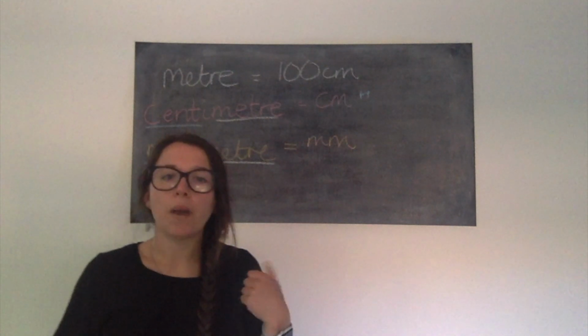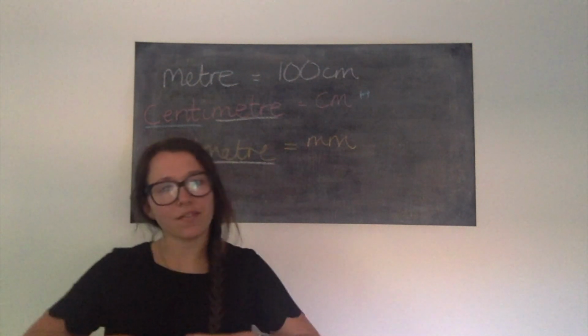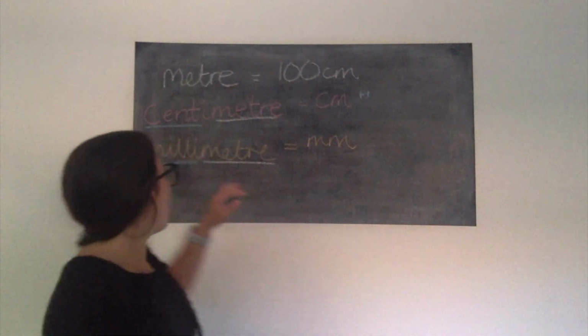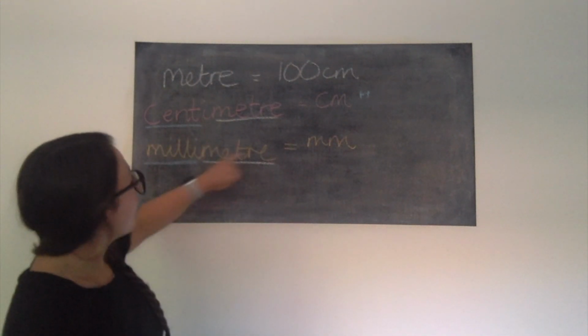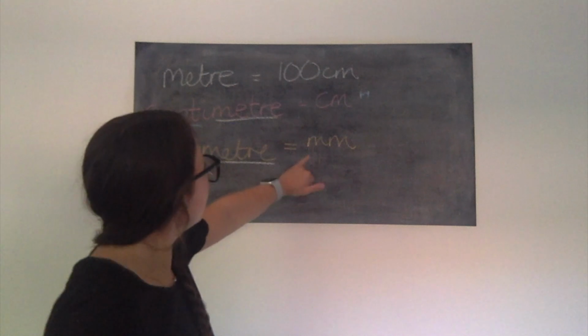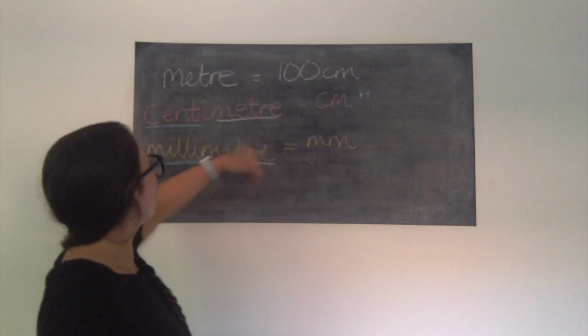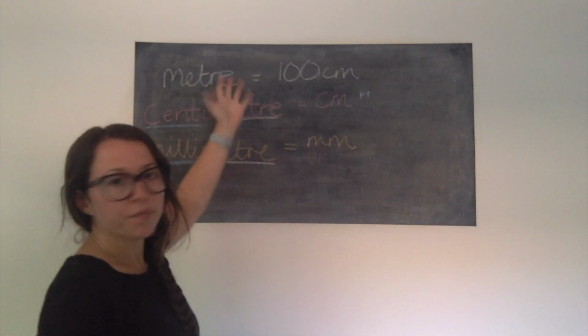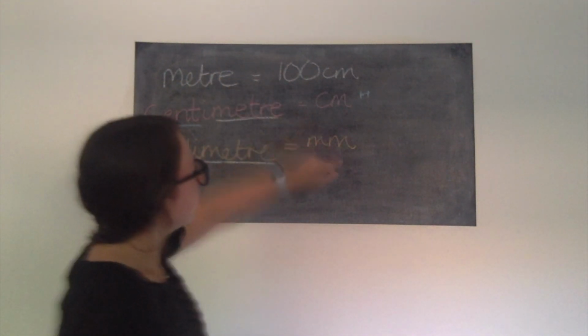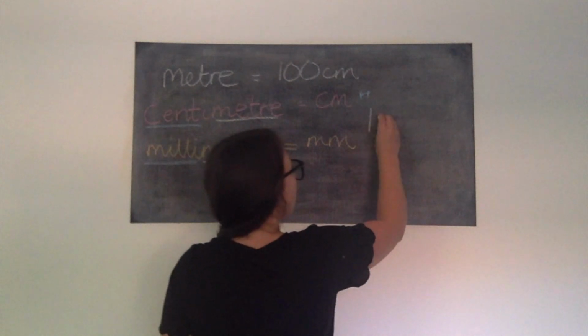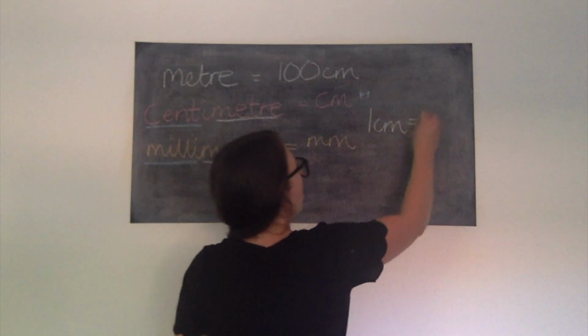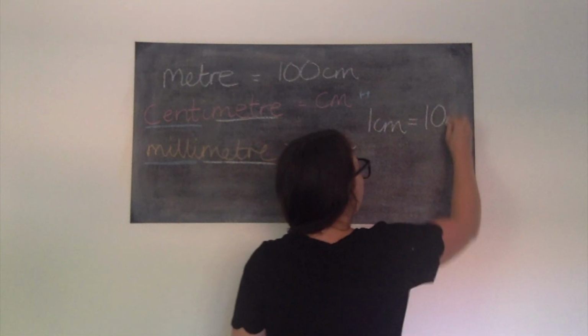So let's think of millennium, okay? That's 1,000 years. So millimetre, there are actually 1,000 millimetres in a metre. Okay, a millimetre is 1,000th of a metre. Compared to centimetres, in 1 centimetre, there are 10 millimetres.